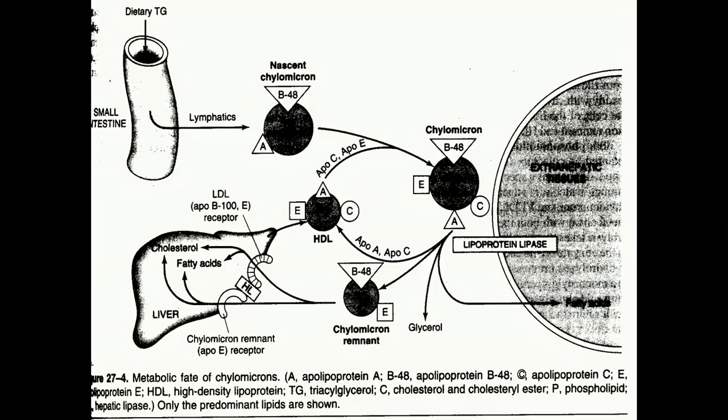As a result, the nascent HDL becomes spherically enlarged, and these spherically enlarged HDL particles, which are rich in cholesterol esters, now become HDL3. We call this mature HDL.